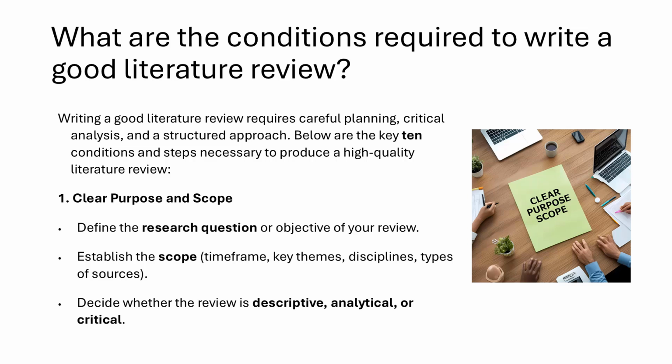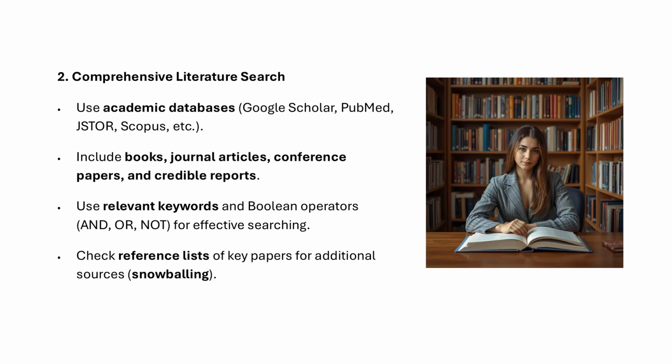First is clear purpose and scope, and it says I have to define the research question, I have to establish the scope in terms of time frame, key themes, disciplines, types of sources, and decide whether the review is descriptive, analytical, or critical.